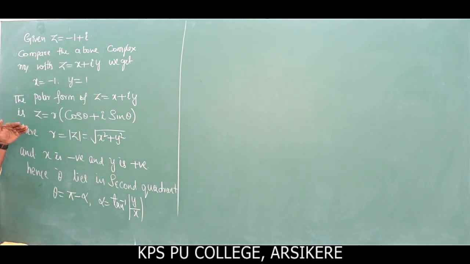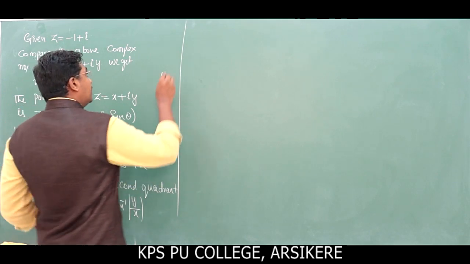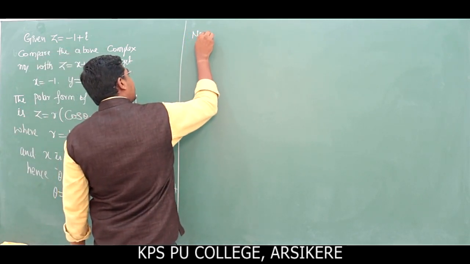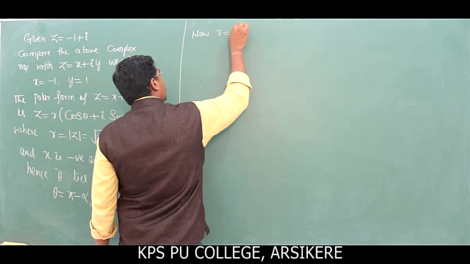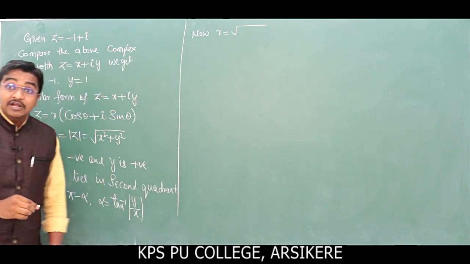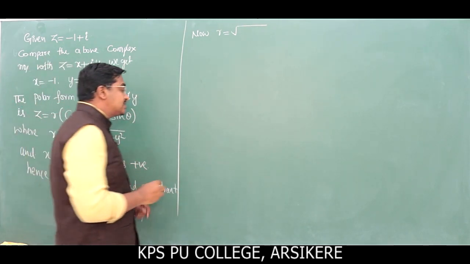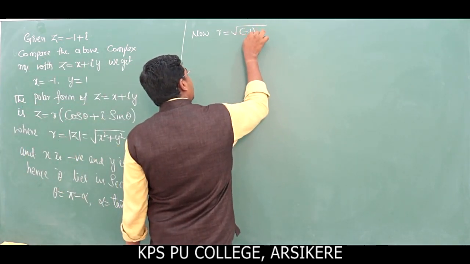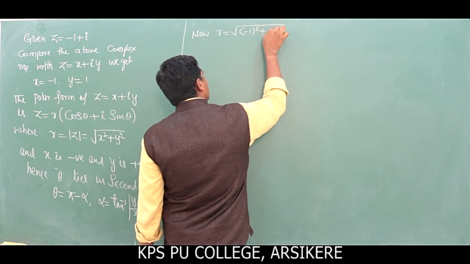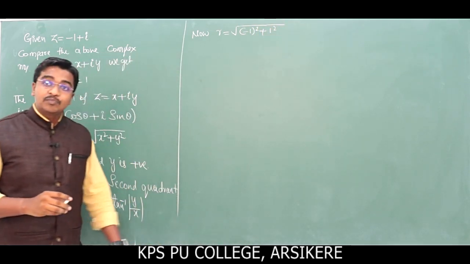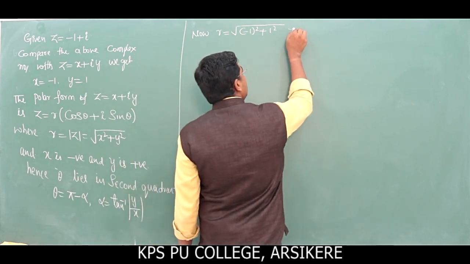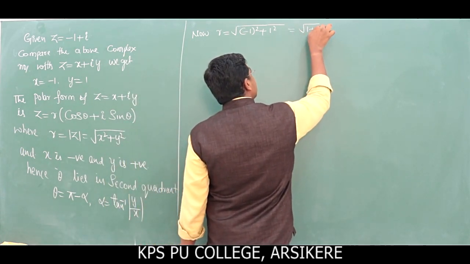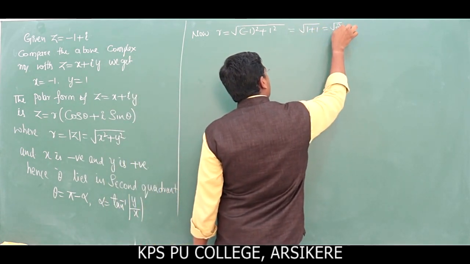Next, we need to find the values of r as well as theta. Now first find r. r is equal to square root of what we have? x square plus y square. What is x here? Minus 1 and y is 1. So that is minus 1 whole square plus 1 square. Root of 1 plus 1, this is nothing but square root of 2.